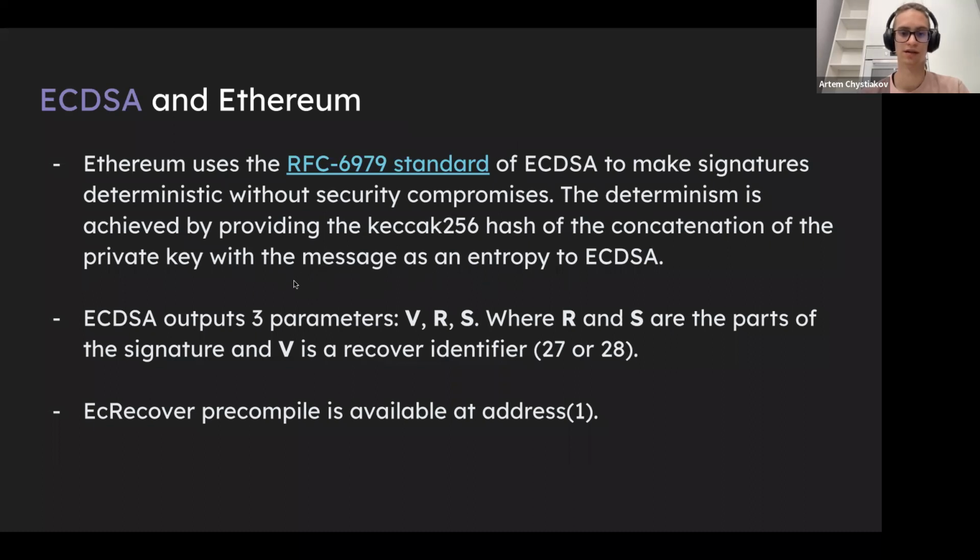Regular ECDSA uses some kind of random generator to produce the entropy, but here you're providing the seed that is always the same in terms of the message and your private key. So the output of the ECDSA will be the same for this message and the private key.